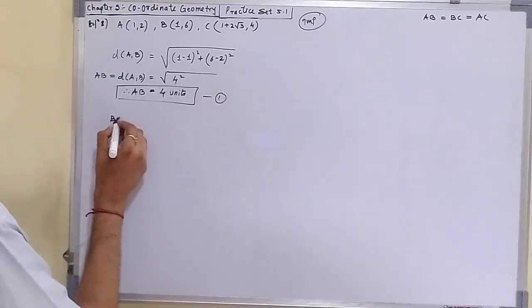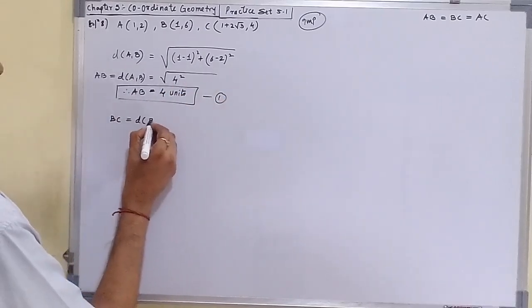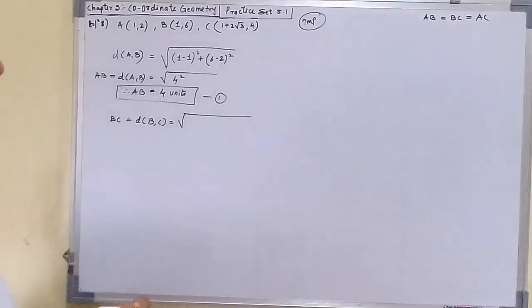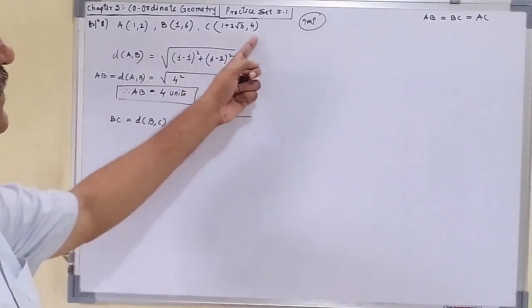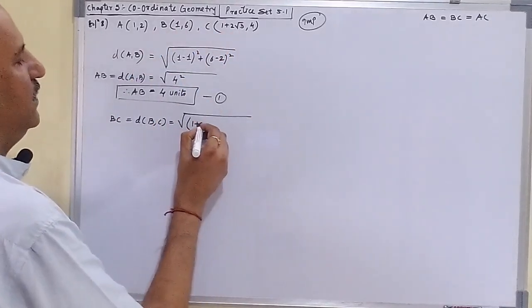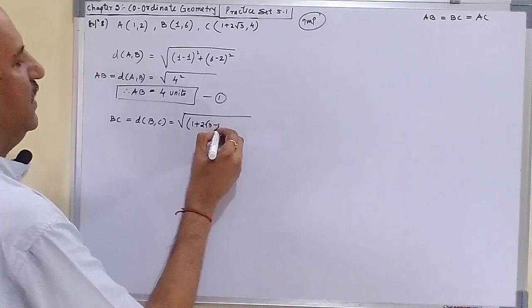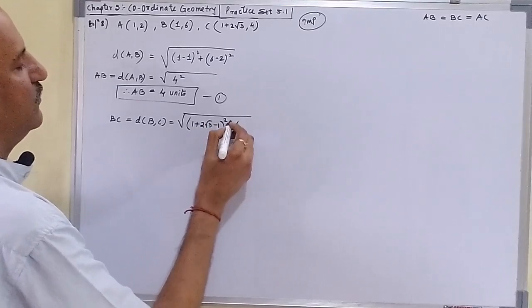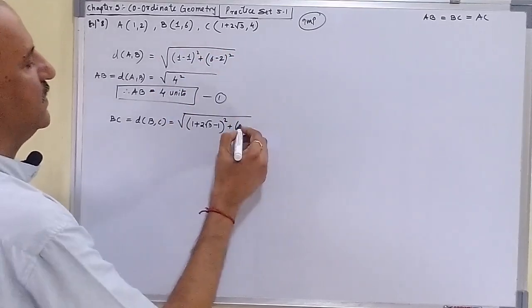Now BC. Distance B comma C. x1 y1 x2 y2. So x2 minus x1: 1 plus 2√3 minus 1, plus the square of 4 minus 6.